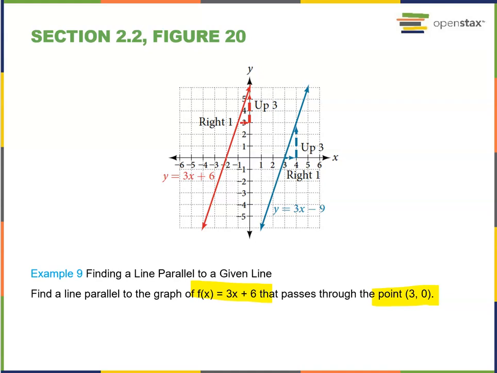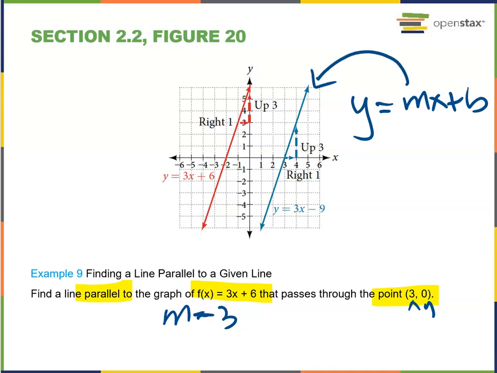Since they are parallel, their slopes are the same, and the slope here is 3. We use this x, y to get the y-intercept. y equals mx plus b, if we want to get the equation of this blue line that is parallel to y equals 3x plus 6.